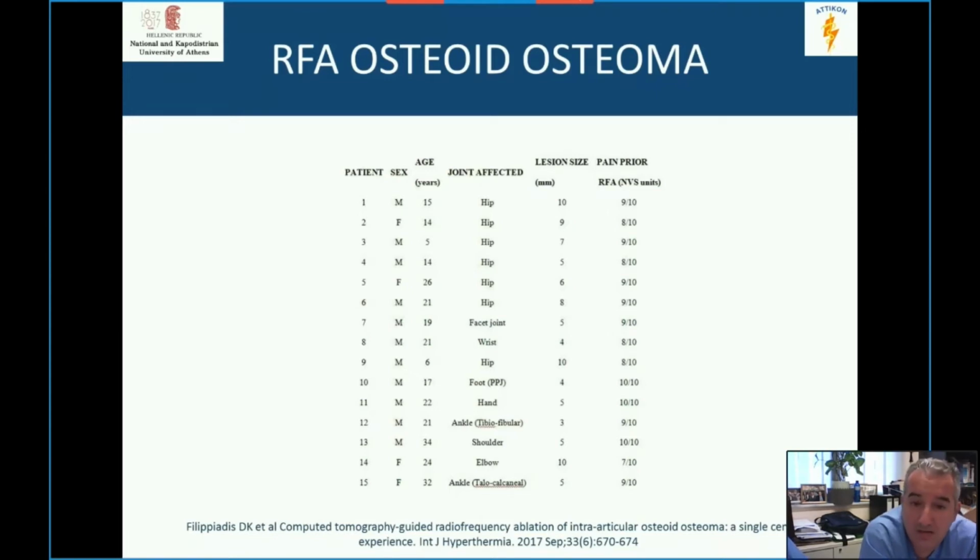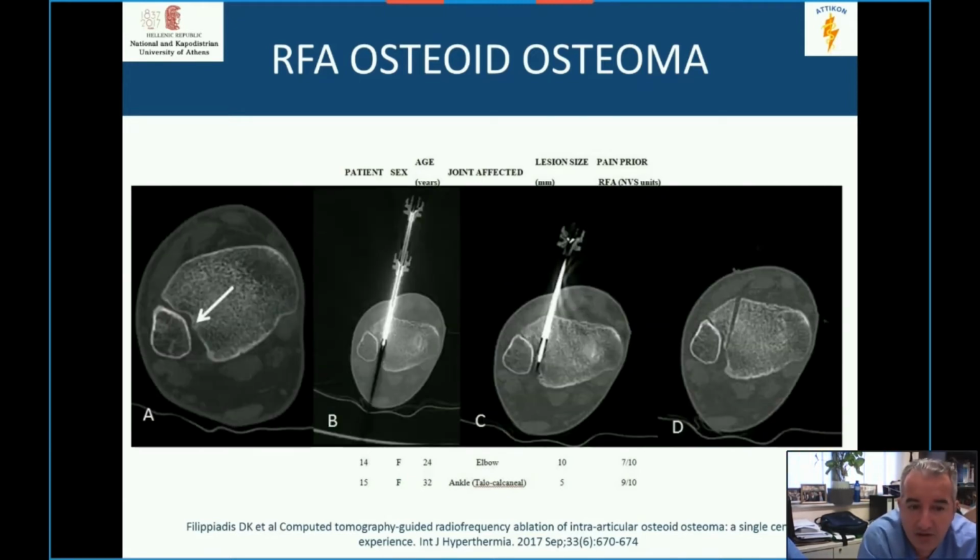Apart from children, we have applied radiofrequency ablation in intra-articular osteoid osteomas. Our major concern here is the cartilage inside the joint. So keeping in mind that all kinds of electrodes and probes release the energy towards the posterior part of the active tip, that's why we are targeting towards the joint.